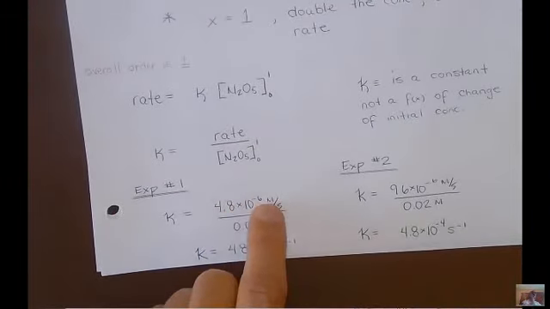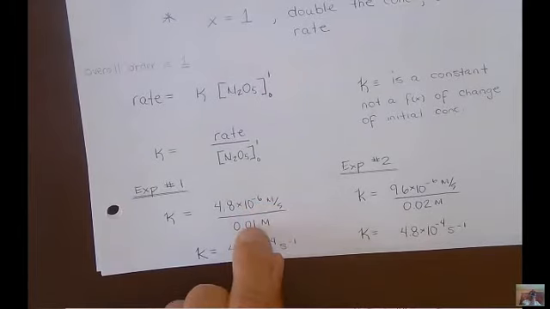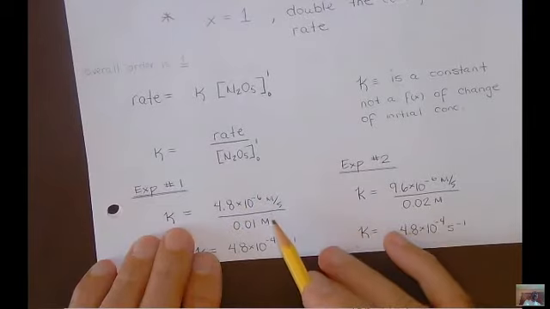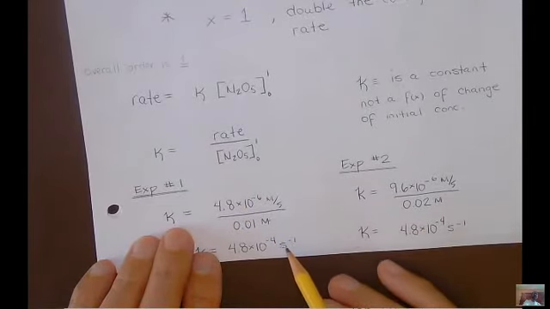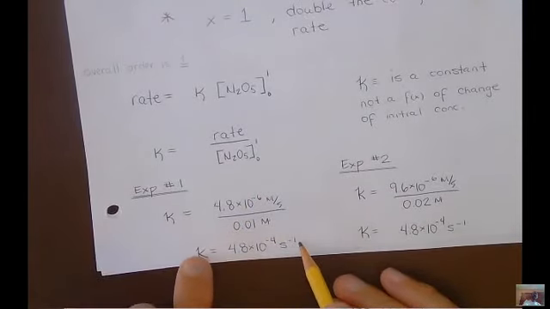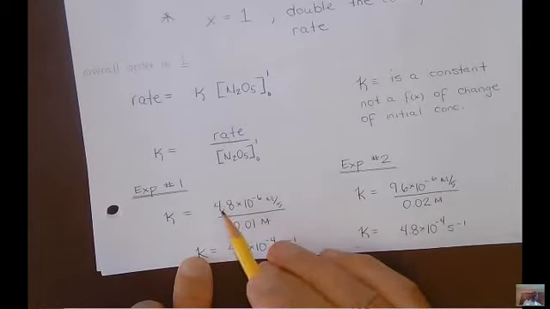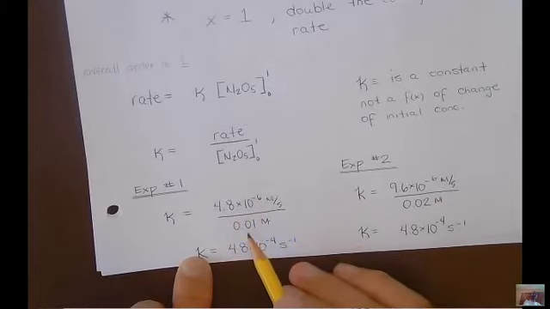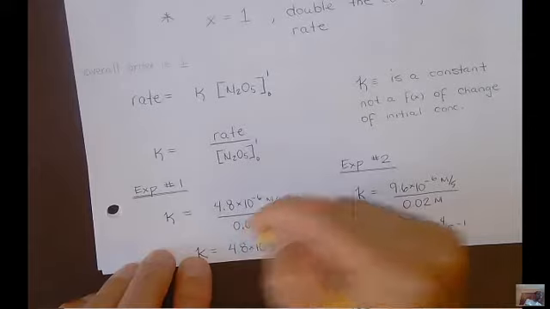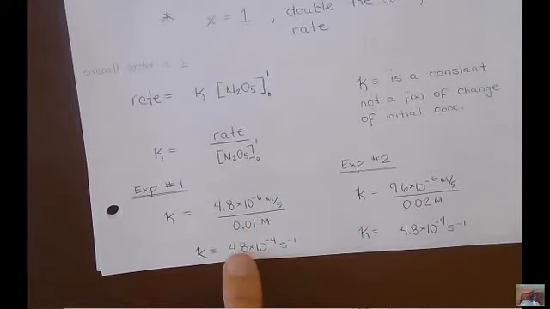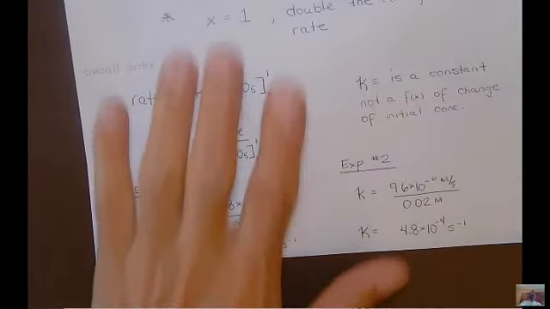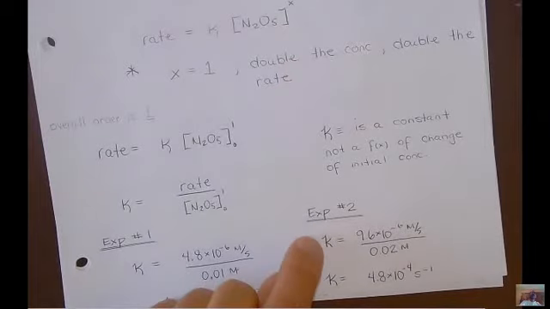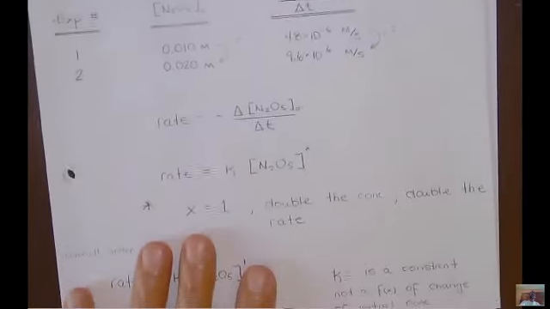I take my 4.8 times 10 to the minus 6 divided by 0.01 molar. K, molarity, cancels out with molarity, and I get seconds to the minus 1 as the units on rate constant. 4.8 times 10 to the minus 6 divided by 0.01 gives you 4.8 times 10 to the minus 4. You could have also done it just as well with experiment 2. Just be consistent.